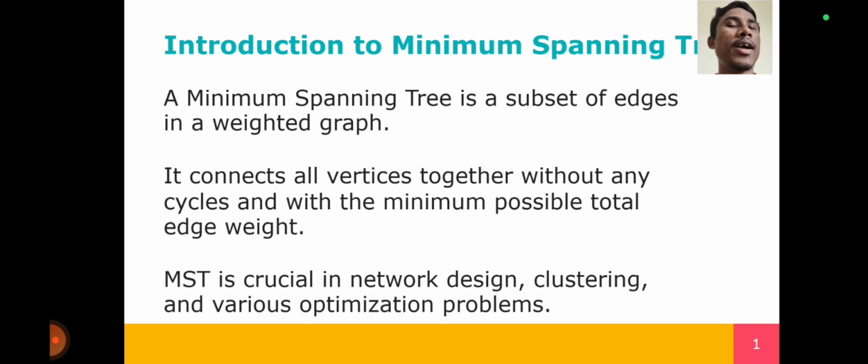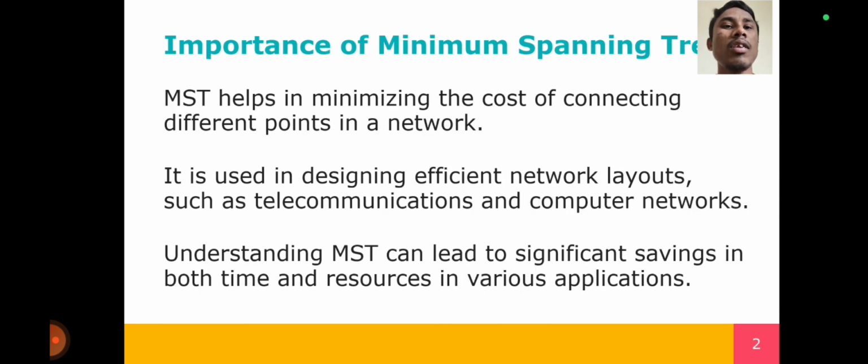What is a spanning tree? A spanning tree includes vertices and edges. Importance of minimum spanning tree: the main importance is minimizing the cost of connecting different points in a network. It helps design efficient network layouts such as telecommunications and computer networks.